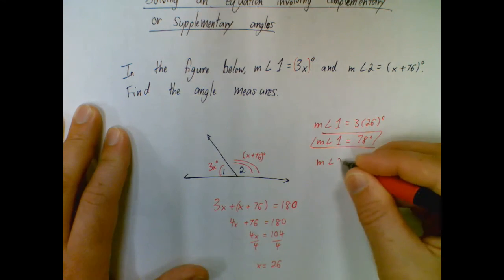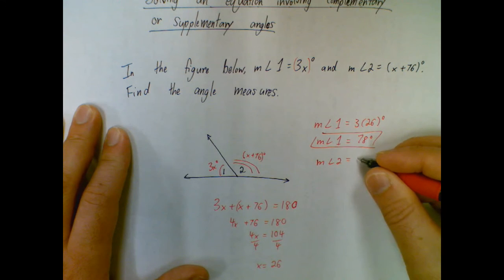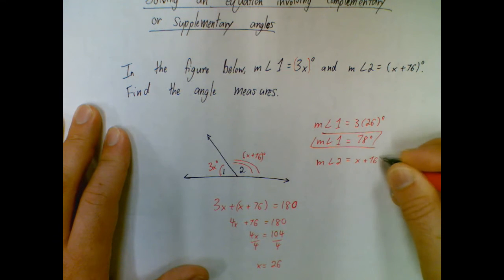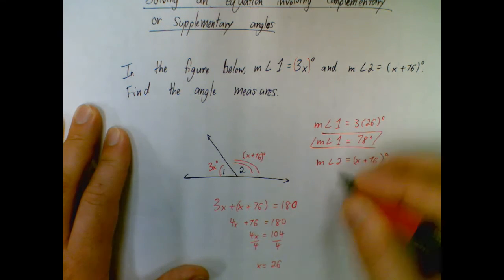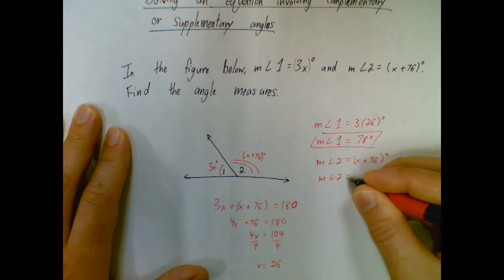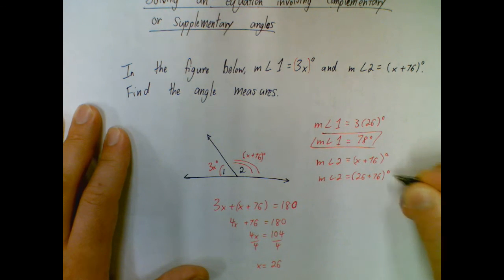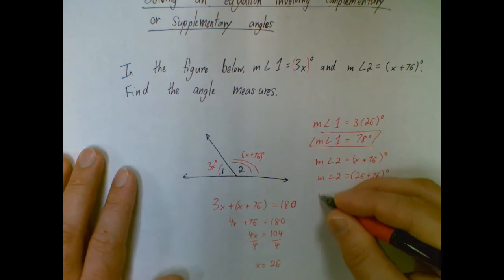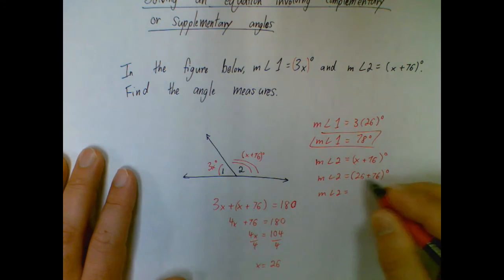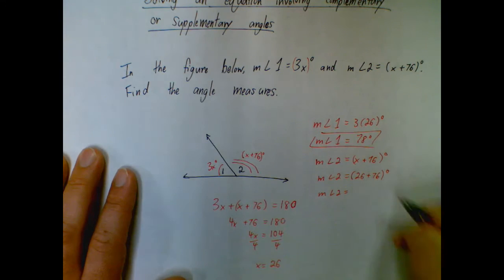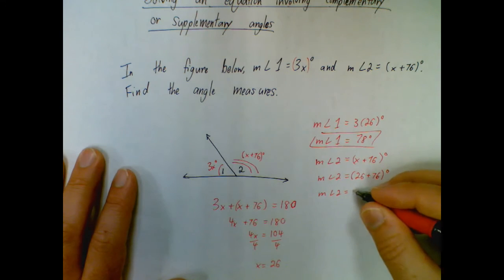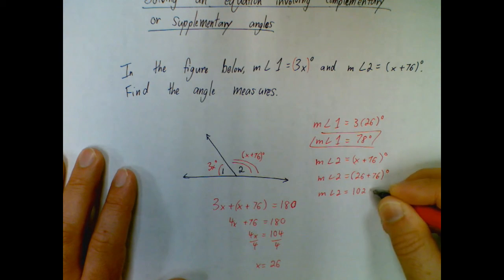Then I also need the measure of angle 2, which is going to be x plus 76 degrees. So when I plug that in, I get 26 plus 76 degrees. Then I just have to add those together. So that's 90, 12, so 102 degrees.